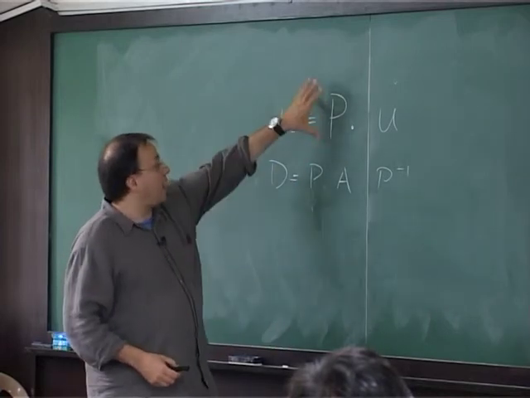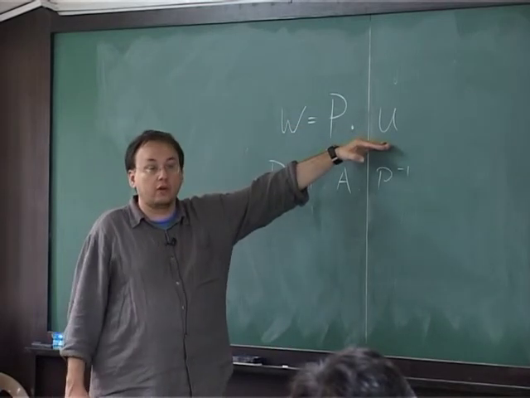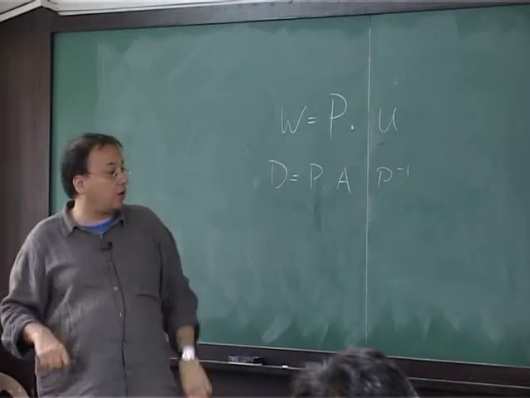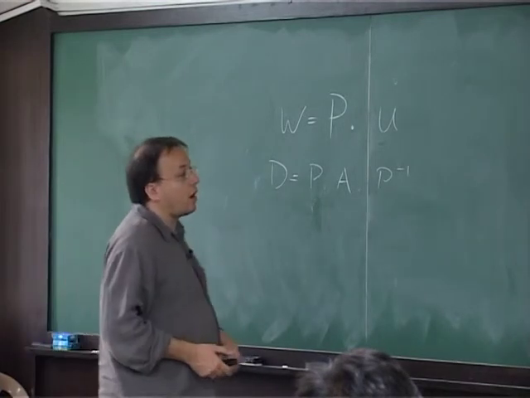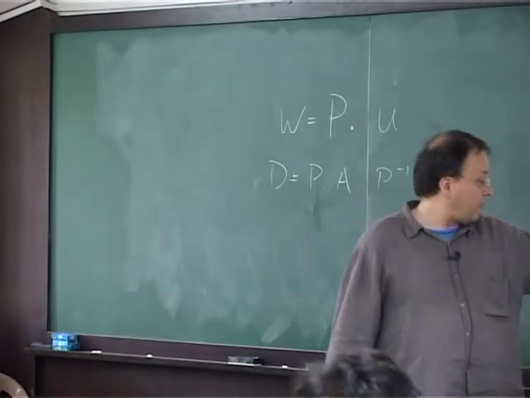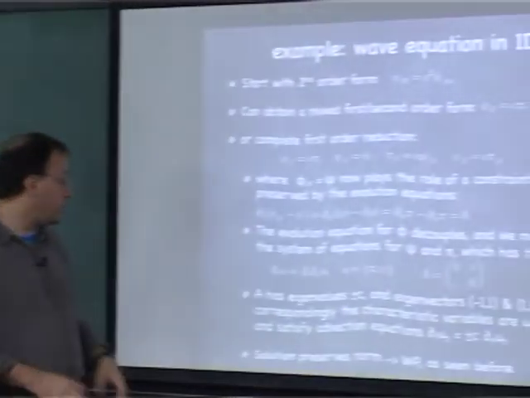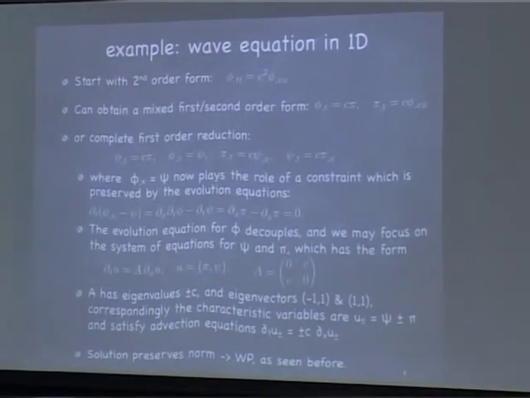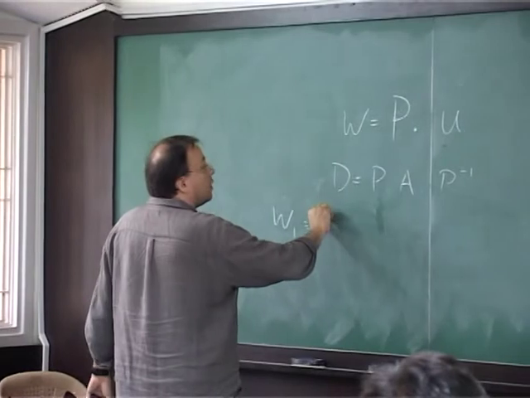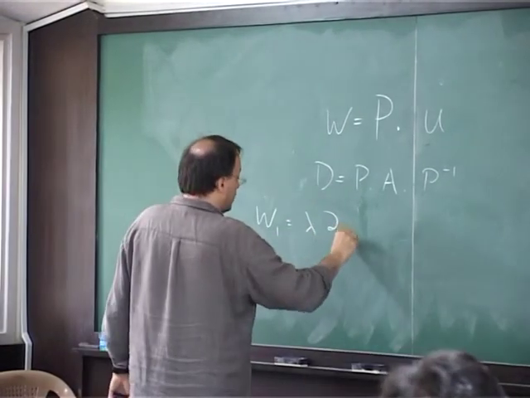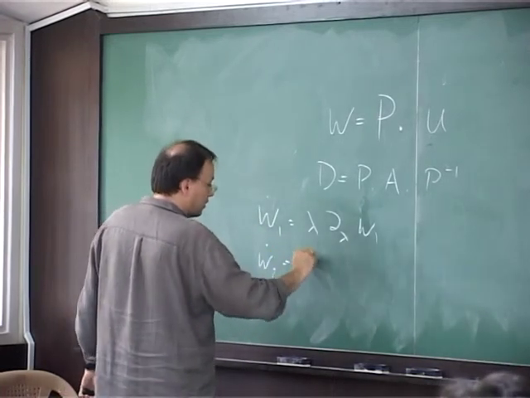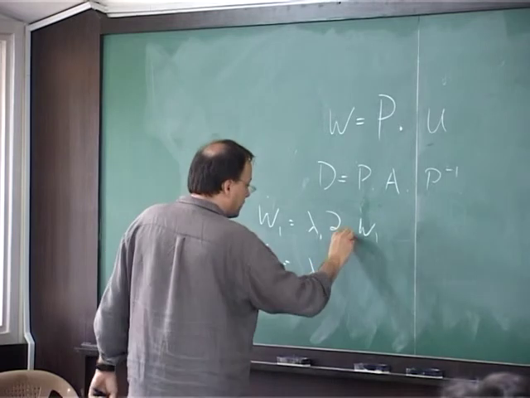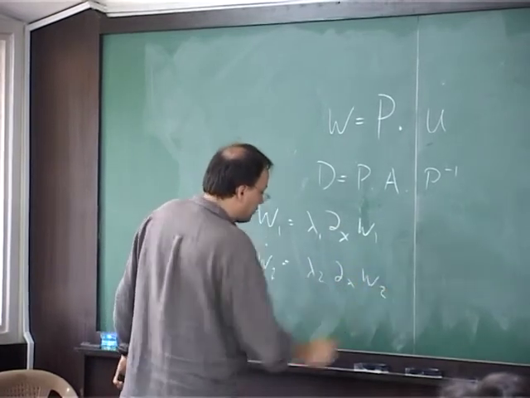And then if you apply this basis transformation to the solution vector, it's a linear combination of the components of U such that now our equation becomes diagonal, right? So the new equation would be W1 dot equals lambda 1 dx W1, and W2 dot equals lambda 2 dx W2, right?